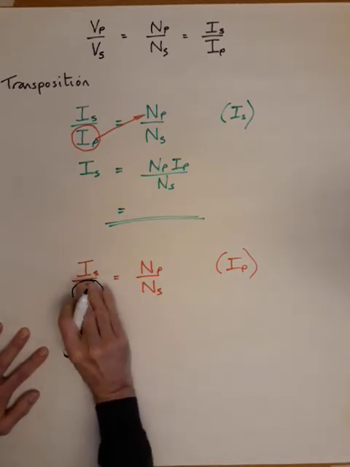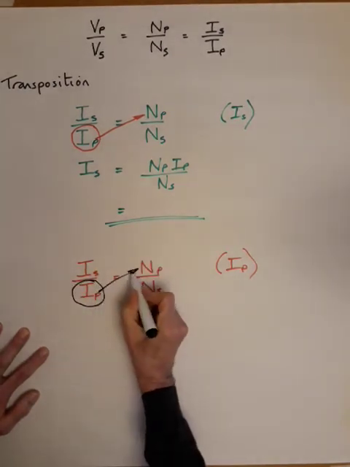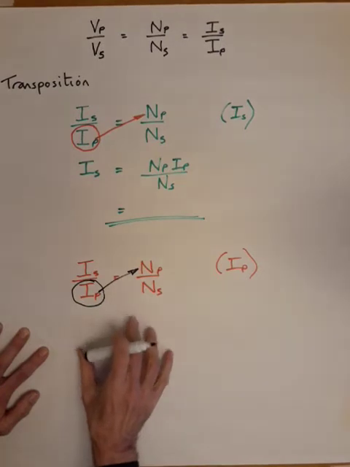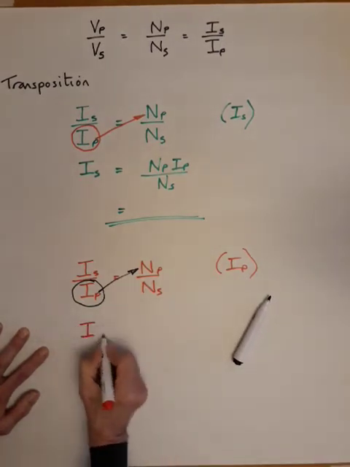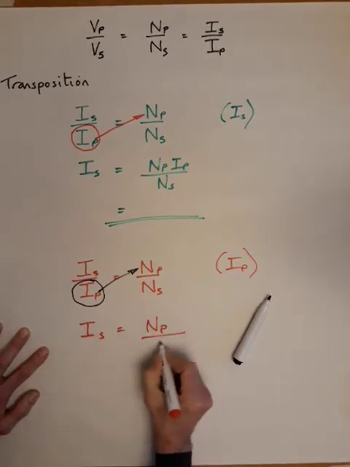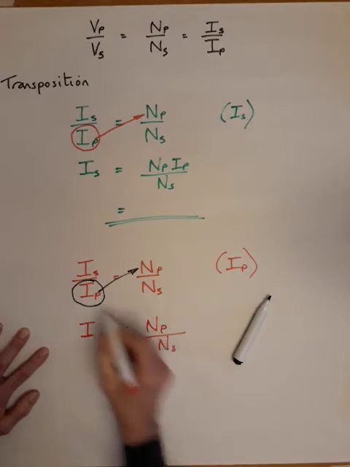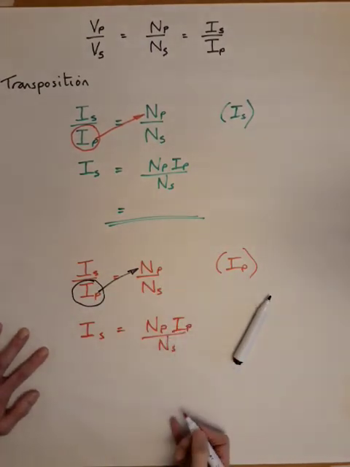So your first move is to move it from the bottom left to the top right. It's going to go up there. So our next line is going to show Is equals Np over Ns, and Ip goes up to join Np.